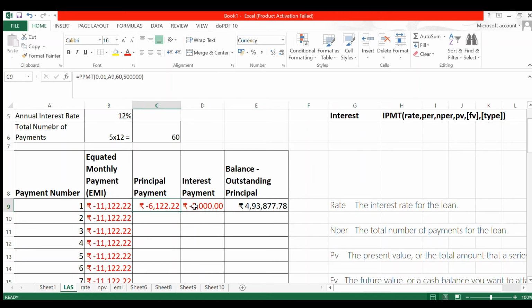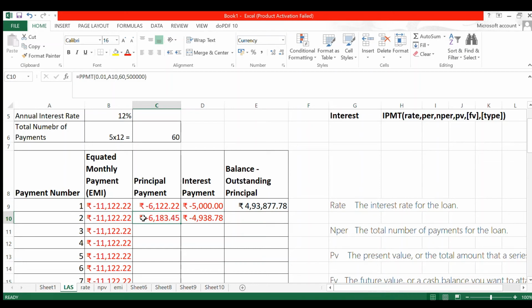Now we are copying this equation to the second cell. We can see over here all the input values remain the same except the second value, that is A10. Now the second period is A10, which means 2. We are calculating the principal payment for the second month, and we can see around 60 rupees increase in the principal portion of the second month's EMI payment.